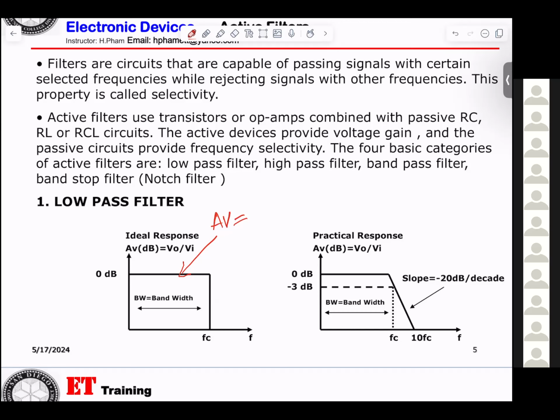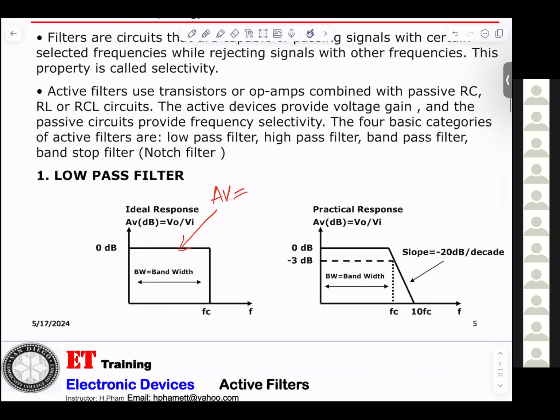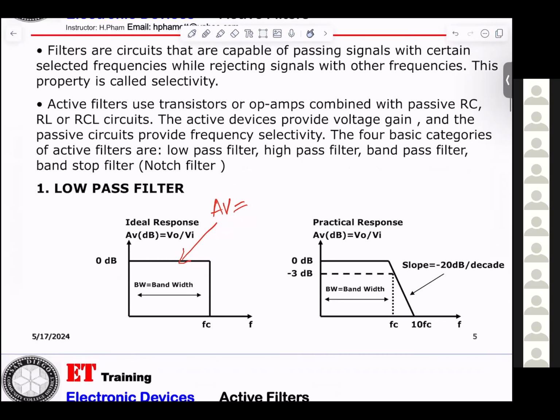I mean, that's the ideal situation you're talking about, right? Yeah, it would be VO over VI. So there is no gain. Why do you say no gain? Because it says zero.